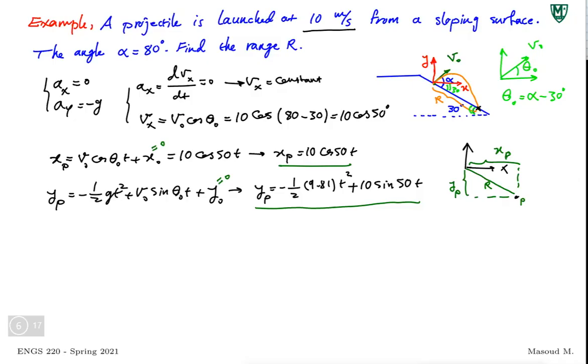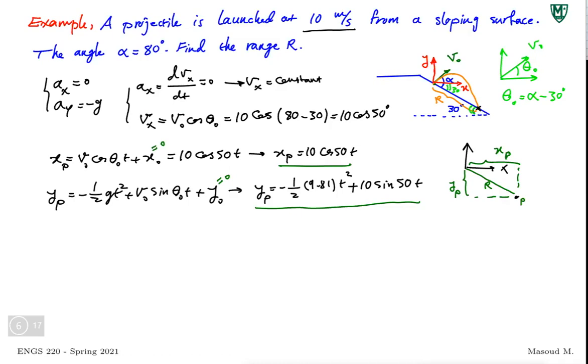It's not like before that start from 0, end up being 0. I have 1, 2, I would say 3, 4 unknowns. I don't know XP. I know it's a function of time. I don't know YP, and I don't know T. So 3 unknowns, I would say. It's my bad.